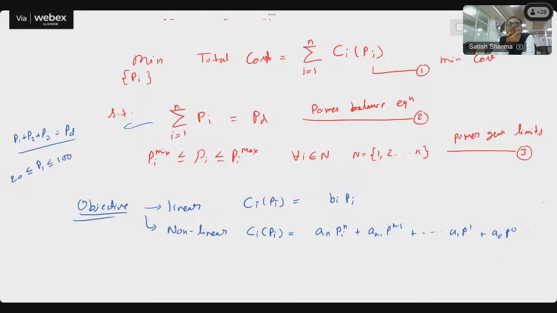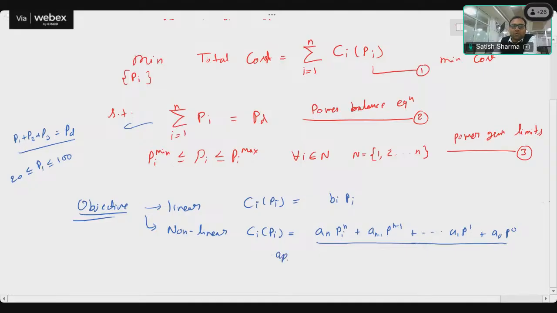How do the costs of power plants behave? We are talking specifically about thermal units here, like coal-fired or nuclear power plants. So what nature do they exhibit? The cost function of a power unit is basically non-linear and highly non-linear, but we can write it in a generalized way, where this n is different, this is just power.